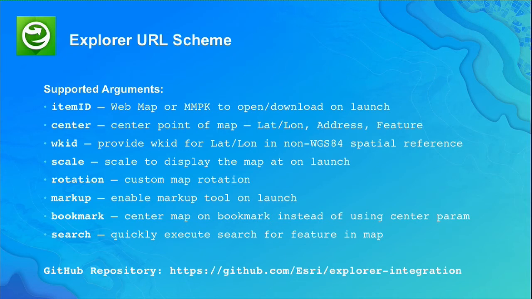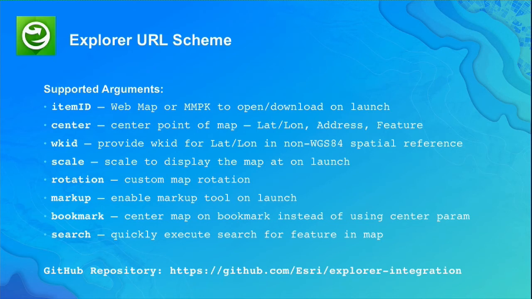I showed you the scale. You can also add a custom rotation if you want to rotate the map on launch. You can launch Explorer into markup mode if you want, so that you can launch them into a map and start doing sketches immediately. You could specify a bookmark instead of providing a center.